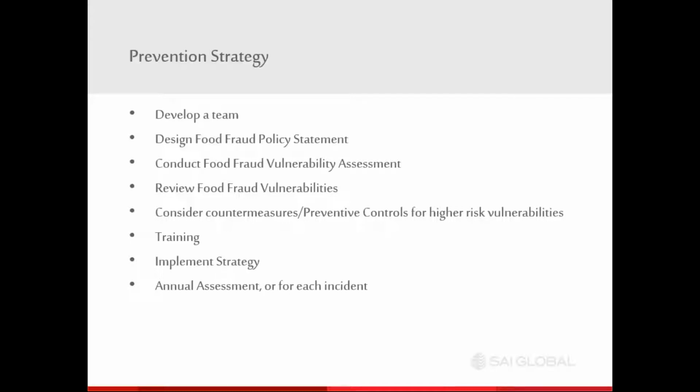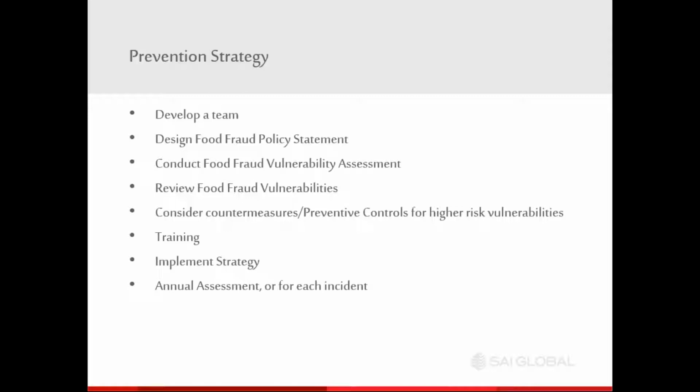Review those vulnerabilities. So the vulnerabilities you identify through the assessment, you need to review those. Okay. Consider countermeasures or preventive controls for those higher risk vulnerabilities. So as you review those vulnerabilities, you assign risks to them. And we'll look at that here in a few minutes.